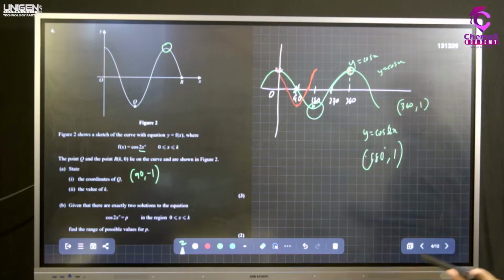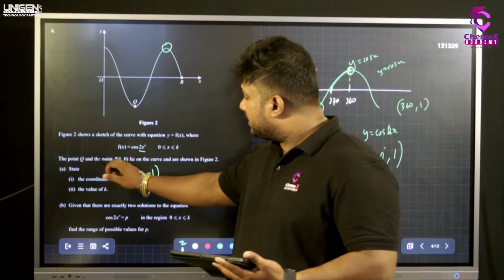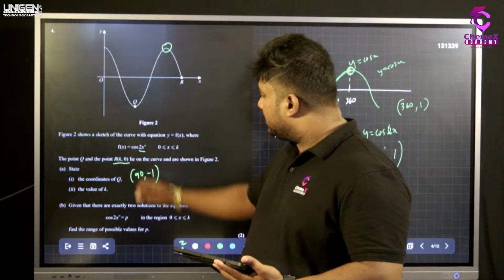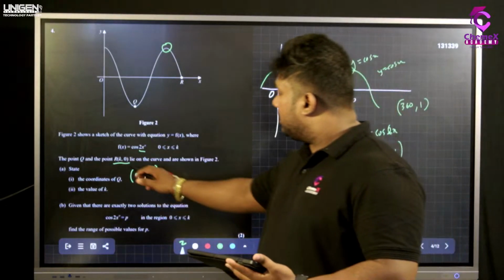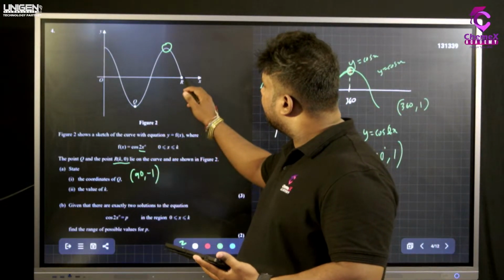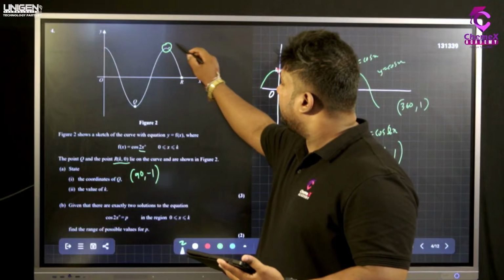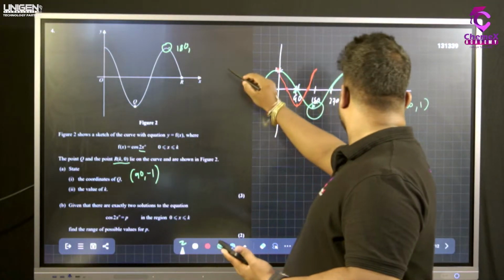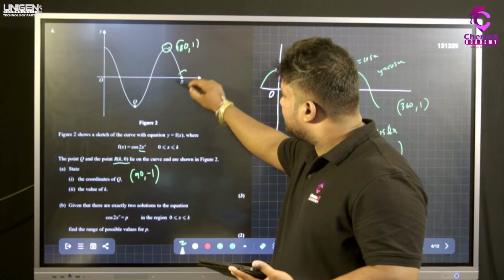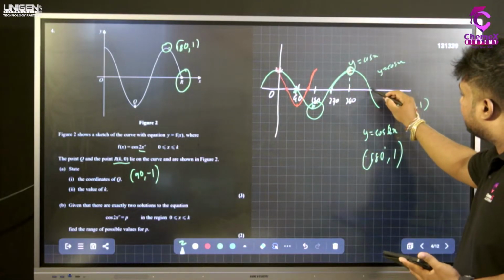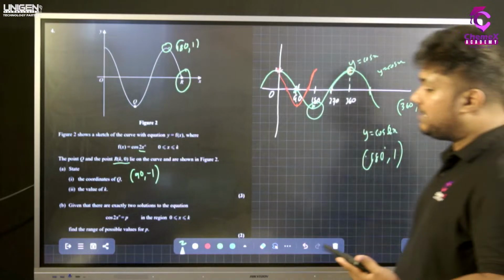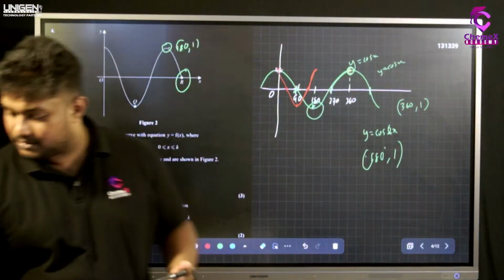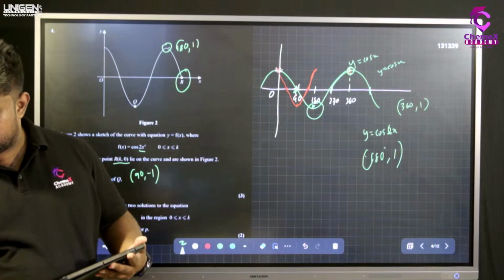And they are asking k. The point Q and the point R lie on the graph. R is k. Where is R? I got this point, okay? This is gonna be 180 comma 1. Normally in the cos x graph, where does it hit 0? 360 plus 90 then.